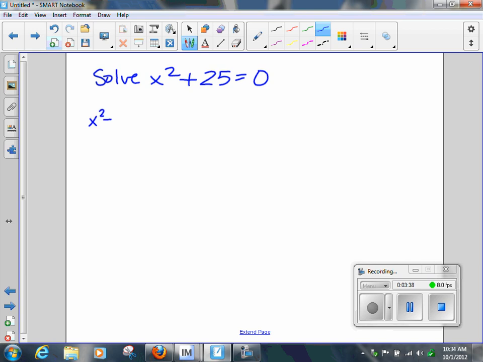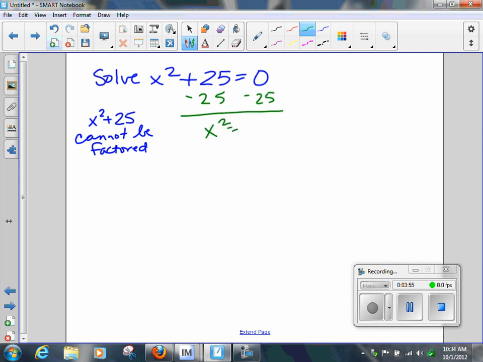All right, just make yourself a note: x squared plus 25 cannot be factored. So the only option for us would be to subtract 25 from both sides. And then we get x squared equals -25.